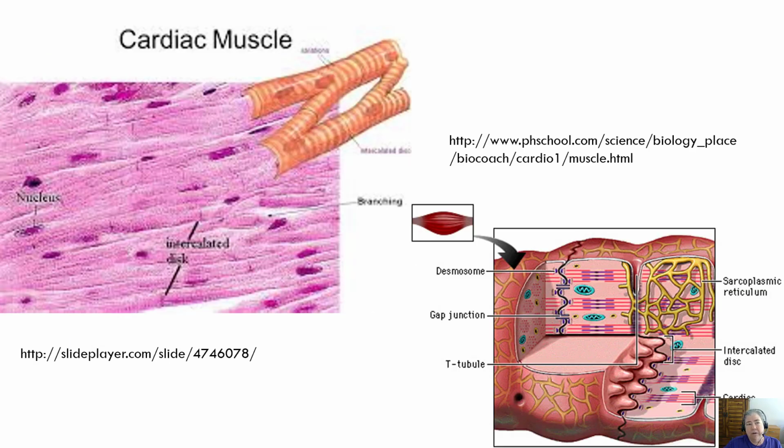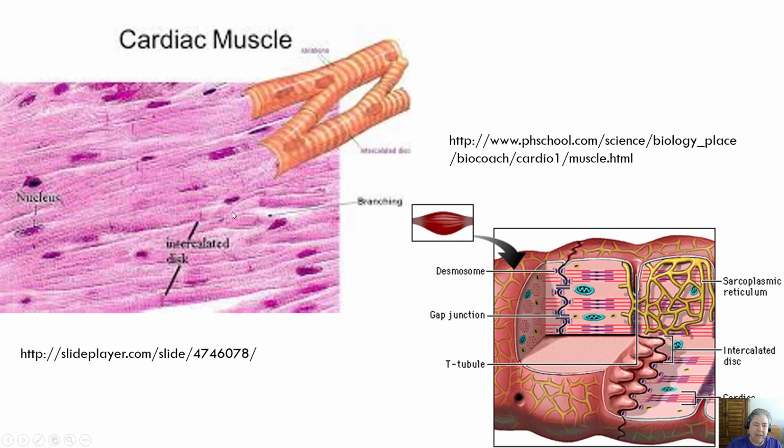Here are some diagrams just illustrating cardiac muscle. This one's a bit of a combination of a drawing and a micrograph. It's showing these cardiac cells, the intercalated discs that allow really direct flow of electricity and I believe also cytoplasm from cell body to cell body.